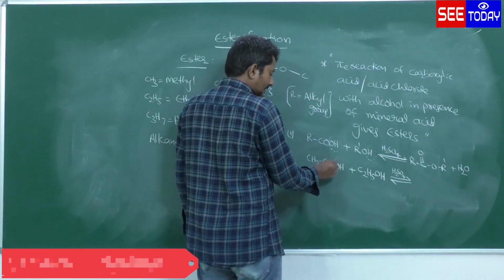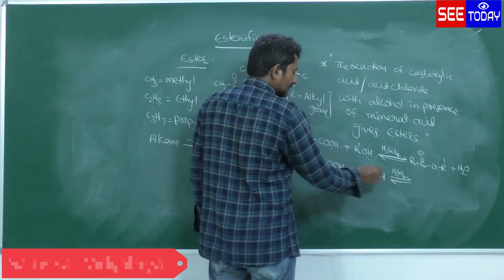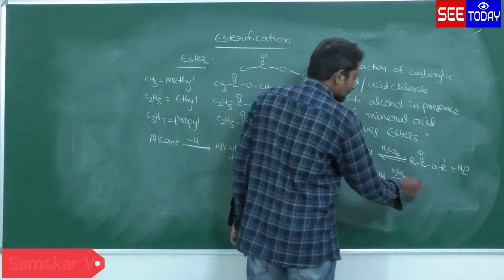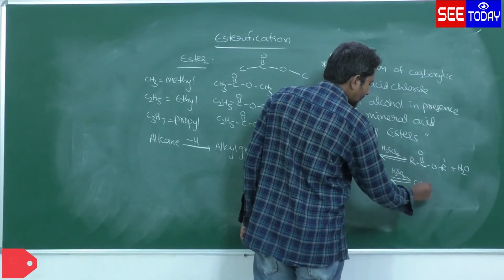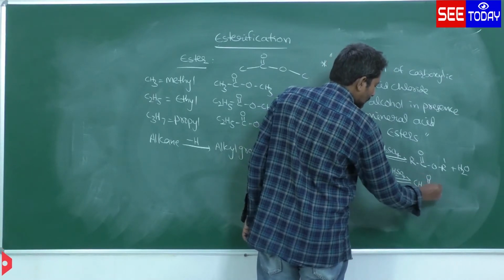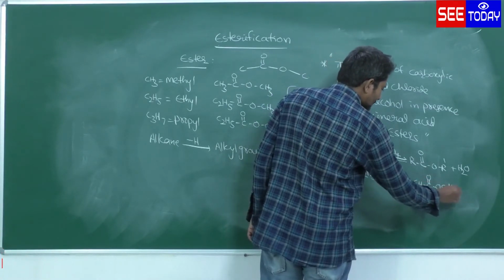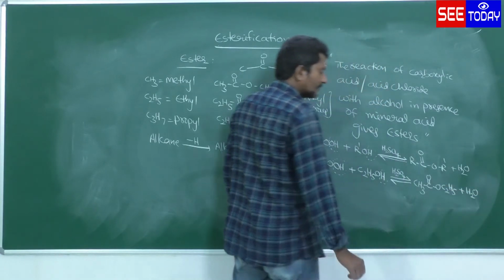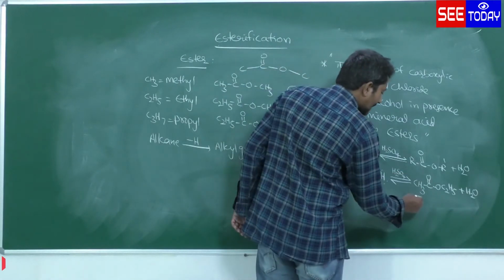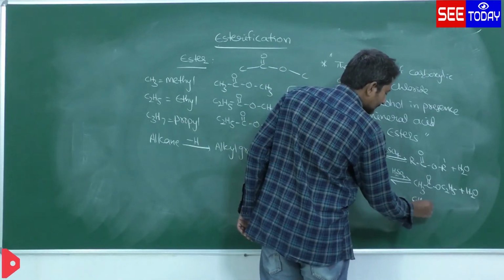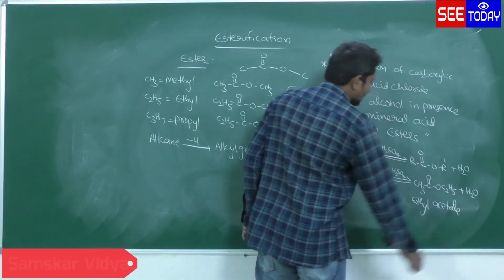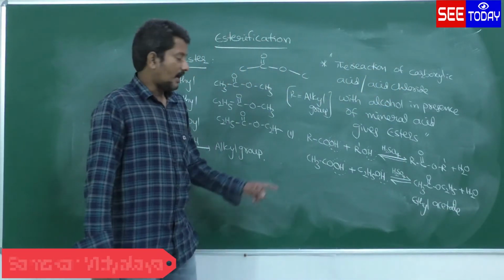So from here the OH is removed, then from the alcohol hydrogen is removed as a water molecule. Then the obtained product is CH3 C double bond O C2H5 plus water, H2O. This is known as ethyl acetate. Ethyl acetate.